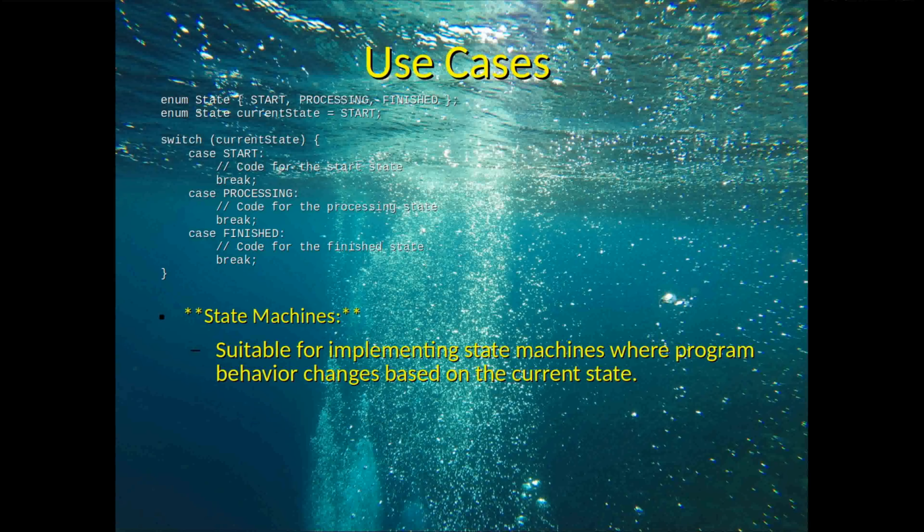So it's used to implement a state machine so that your program's behavior goes through based on the current state. Red light, green light, amber light, or whatever your current state is in your machine. Start or processing or finished here in the example. So it's very, very useful for state machines.